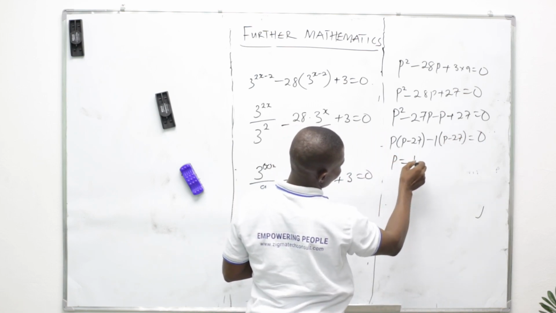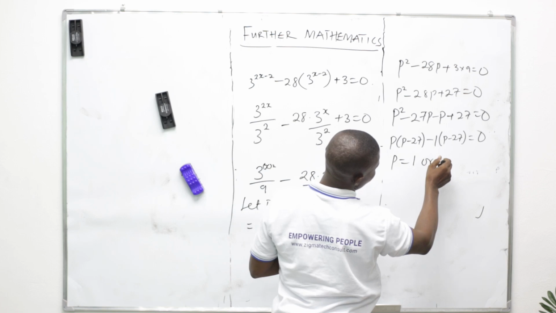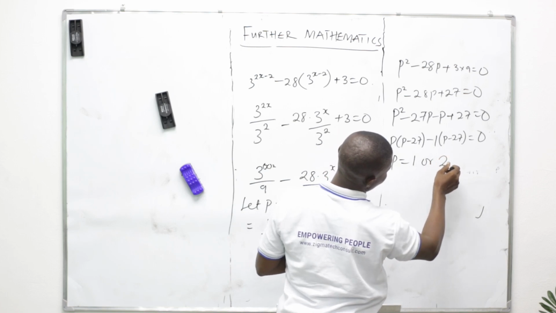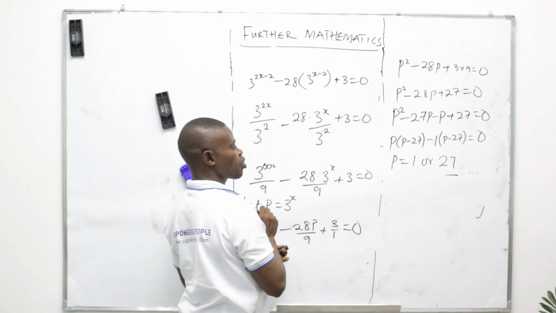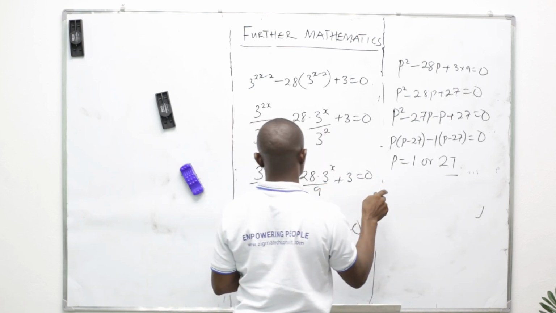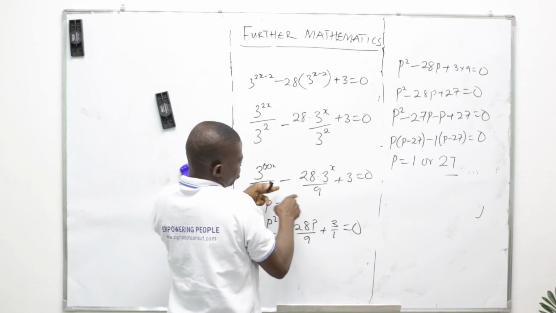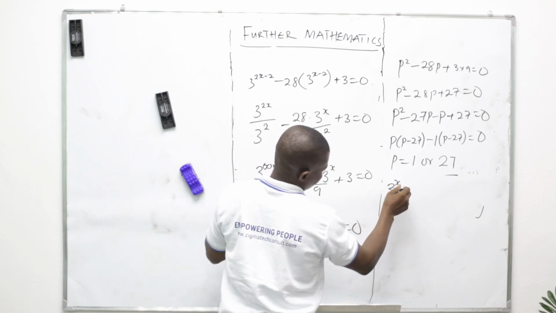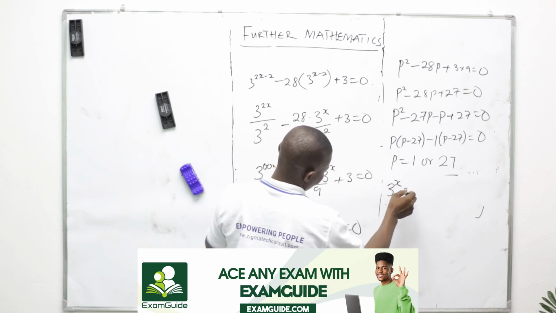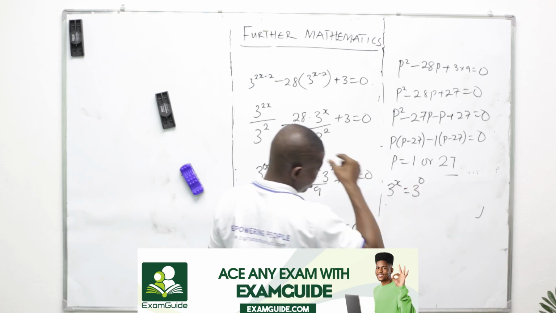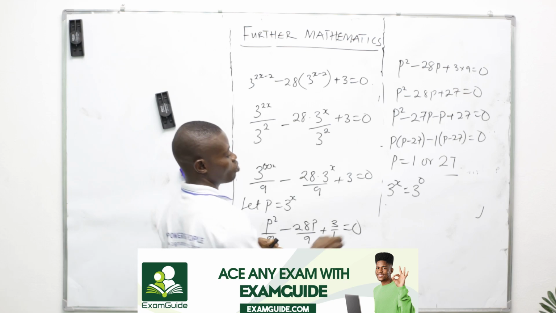Here, p minus 27 minus 1 into p minus 27, everything equals 0. Therefore, p equals 1, or p is 27. Recall that p equals 3 power x. So when p is 1, it means 3 raised to the power 0, because anything raised to the power 0 will give us 1.